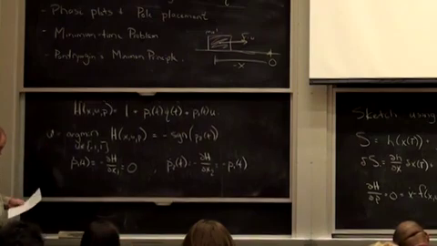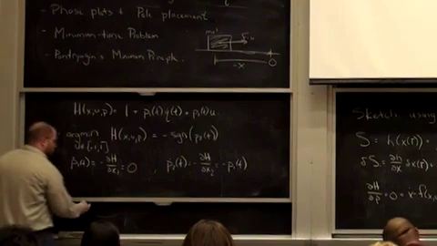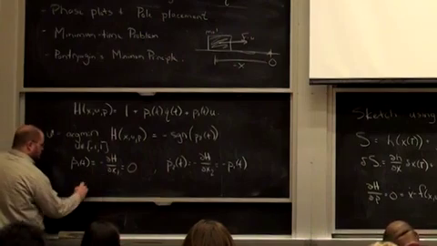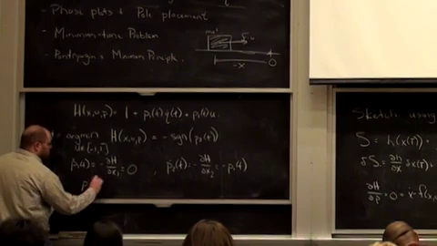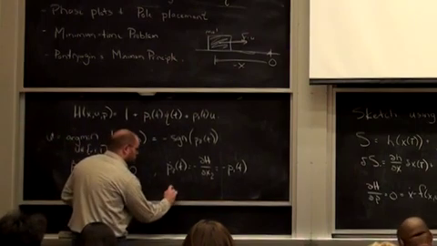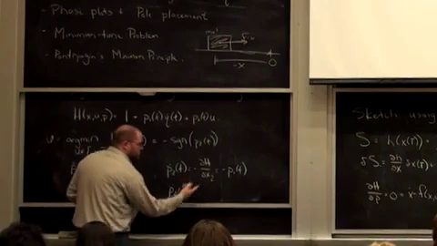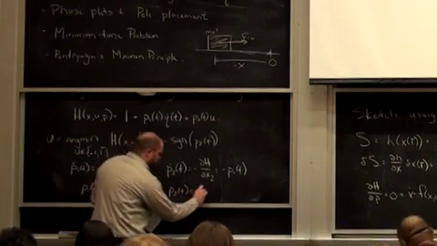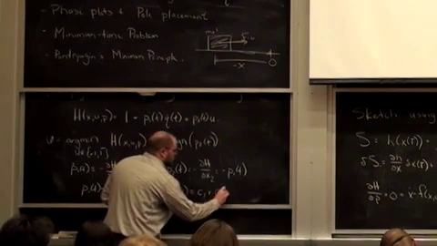So it turns out that p1, my Lagrange multiplier, is just going to be some constant. And p2 of t is just going to be the integral of that constant: c2 plus c1 times t.